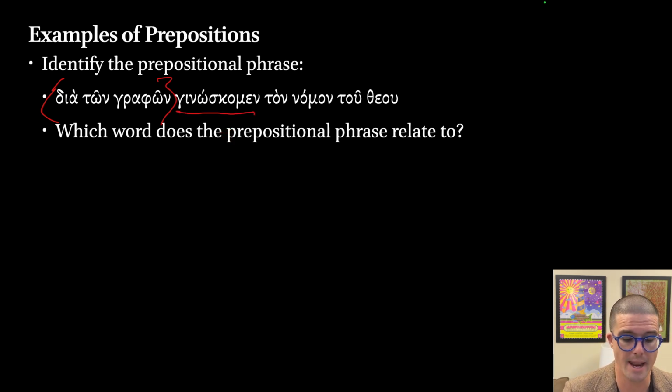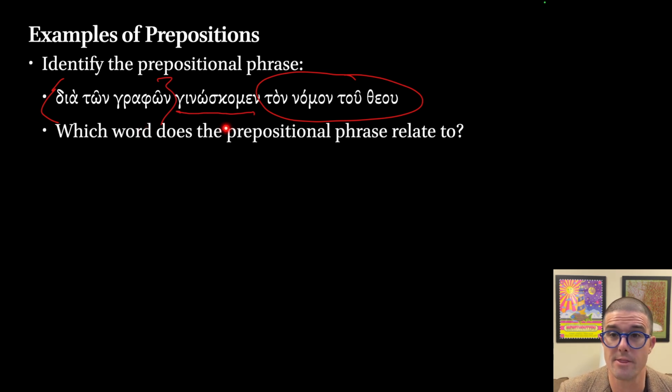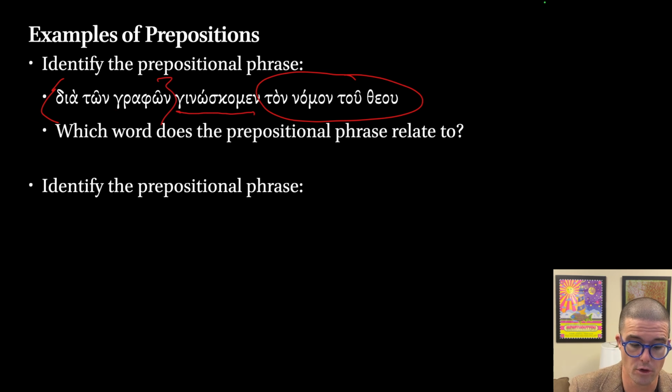This is what is called an adverbial prepositional phrase because it's modifying a verb. It is through the writings that we know the object, the law of God. So the prepositional phrase here, modifying the verb, what's called an adverbial prepositional phrase. When I say prepositional phrase, I mean the preposition with the object that it takes. So here, dia takes the genitive, in this case, the genitive plural.